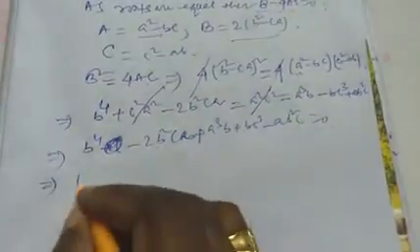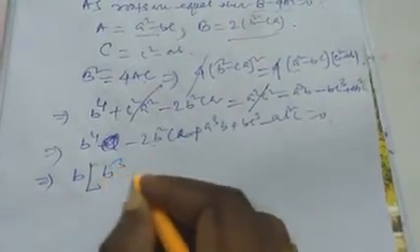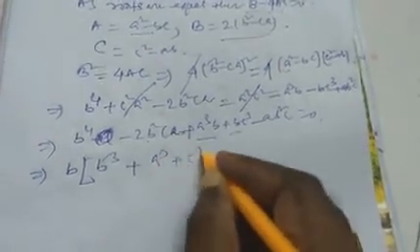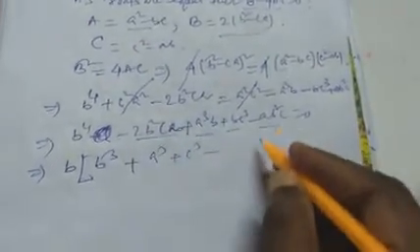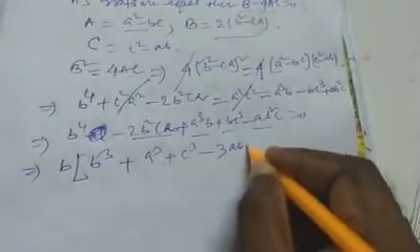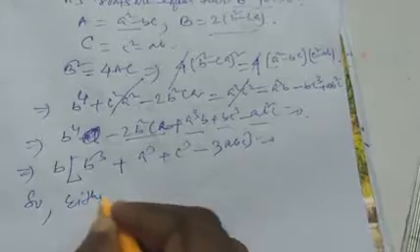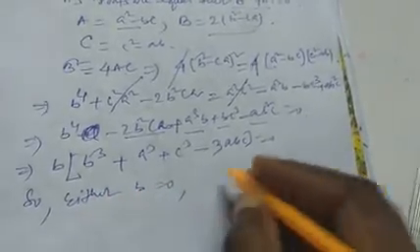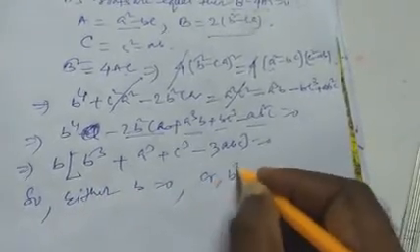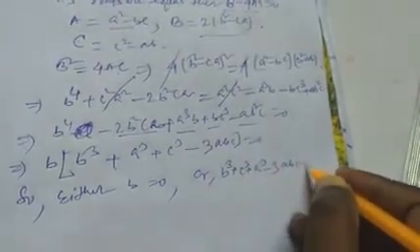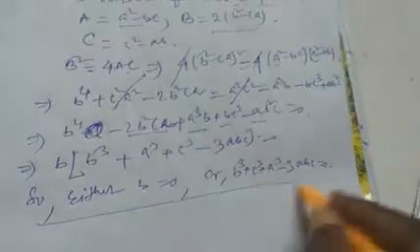Taking b common from the left hand side, you get b cube, also a cube, and also c cube, and here minus 3abc. So either b equal to 0 or a cube plus b cube plus c cube minus thrice abc. This is your answer.